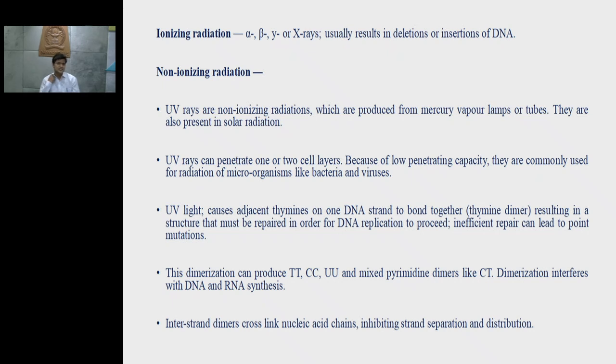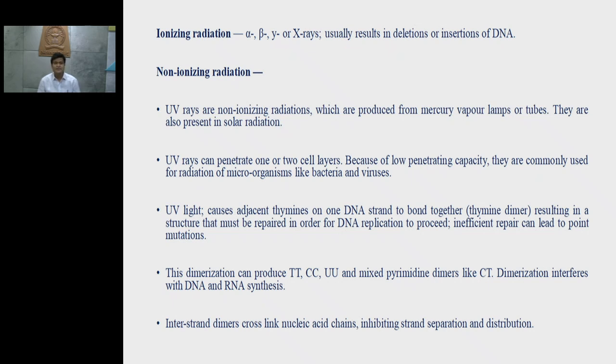These ultraviolet sources can penetrate one or two cell layers, and because of their low penetrating capacity, they can only kill microorganisms. So it is an effective treatment against bacteria as well as viruses. This UV light causes thymine dimer formation. Meaning what? There is a formation of what?